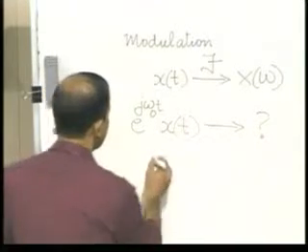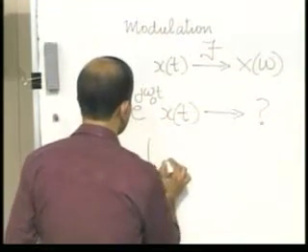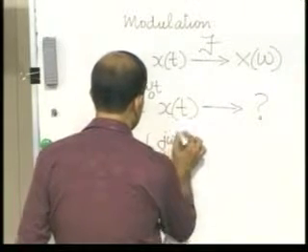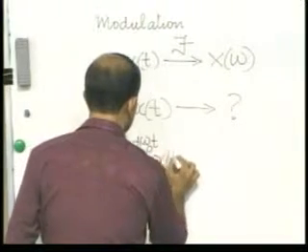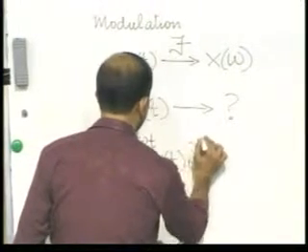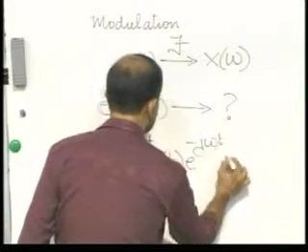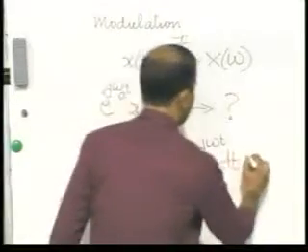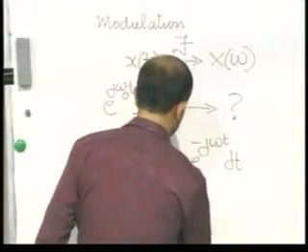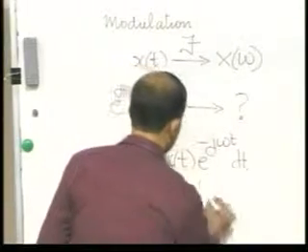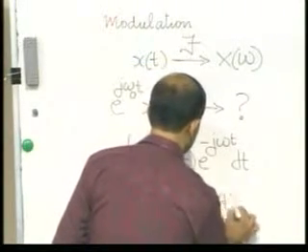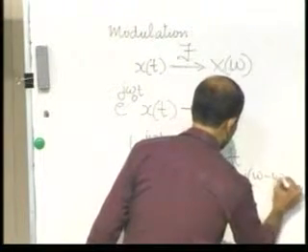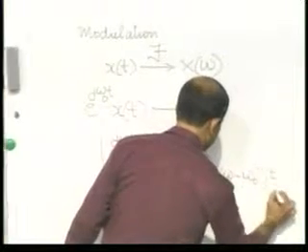Well, let us write down the expression for the Fourier transform of this function. So, we have the integral of e raised to the power j omega naught t, x of t, e raised to the power minus j omega t dt, and we may write this as the integral of x of t, e raised to the power minus j times omega minus omega naught, into t dt.